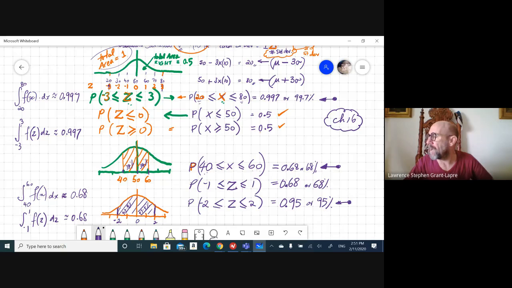You have to remember that number, 68, that number, 95, and that number, 99.7. You have to remember it because you cannot take it into the test written down, and it's not written down on the formula sheet. So you have to remember that.